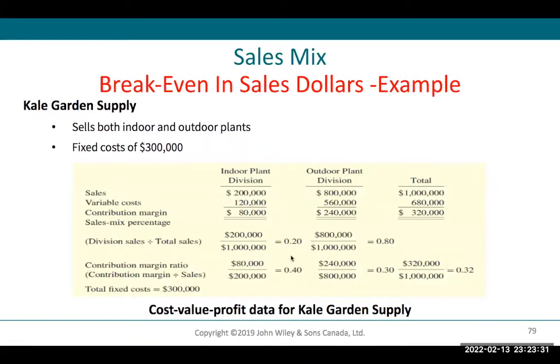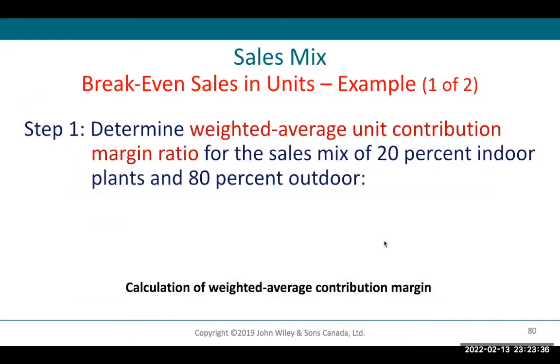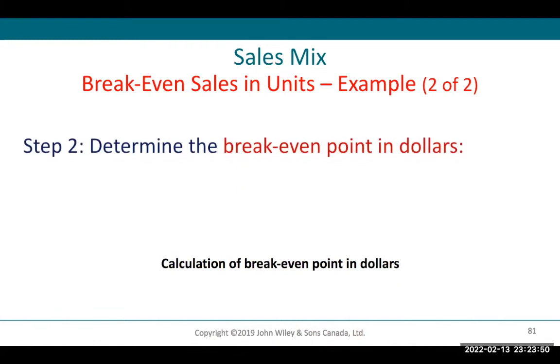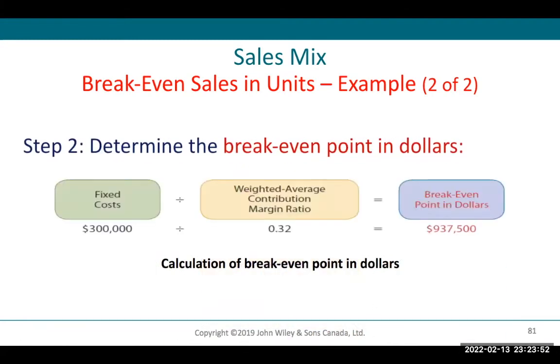We just have to multiply each one by the sales mix percentage, and that's going to give us our weighted average contribution margin ratio. So once we have our weighted average contribution margin ratio, boom, we can calculate our break-even point in dollars. $300,000 of fixed costs divided by our weighted average contribution margin ratio gives us a break-even point in dollars.